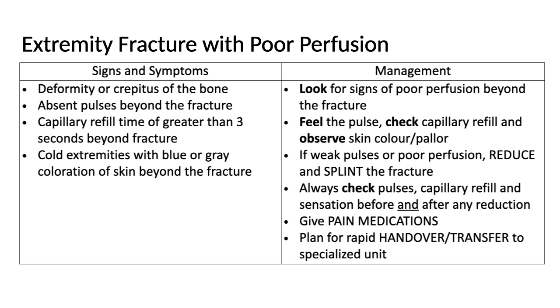Feel the pulse, check capillary refill, and observe skin color and pallor. If weak pulse or poor perfusion, reduce and splint the fracture, always check pulse and capillary refill before and after reduction, give adequate analgesia, and then arrange for handover and transfer if appropriate.